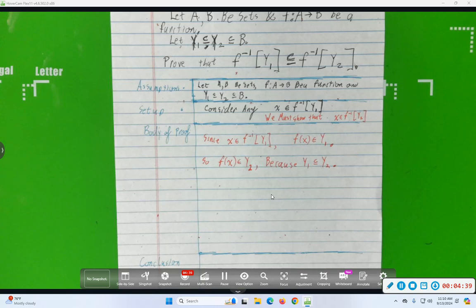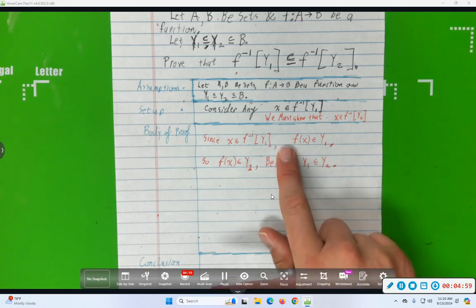Now can we take the inverse of both sides if you say x is in f inverse of y1? Essentially, yes. But I don't like the idea of taking the inverse of both sides because f inverse isn't a function. I don't know that f is bijective. Instead, let's use this. This goes both ways.